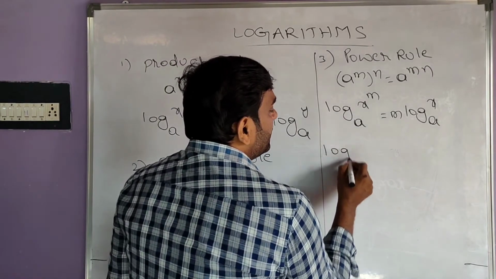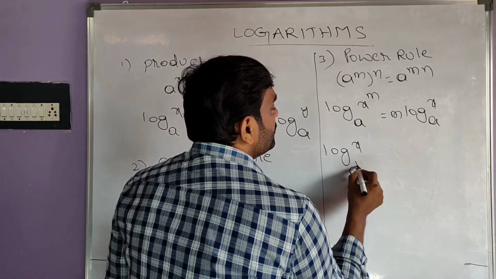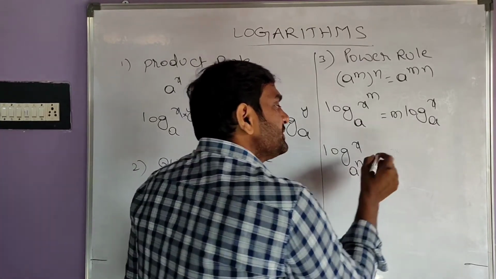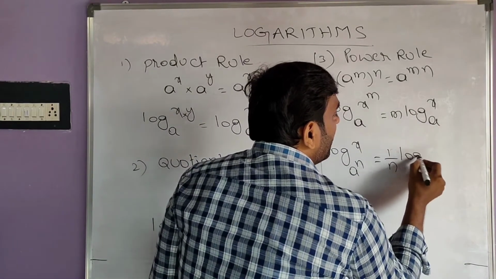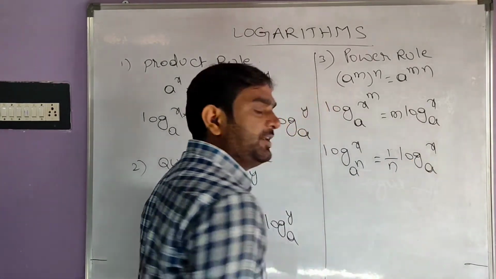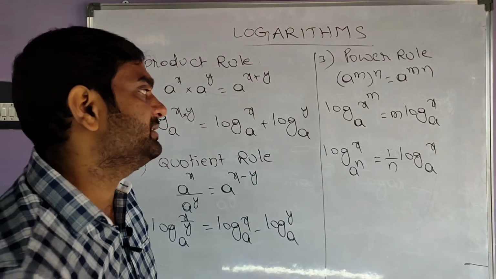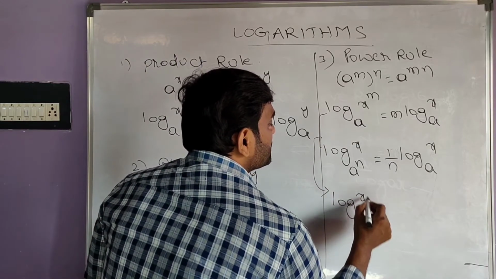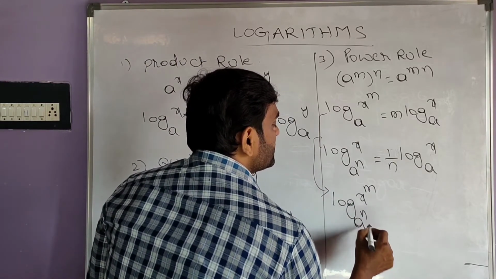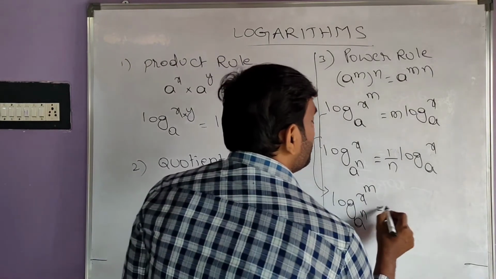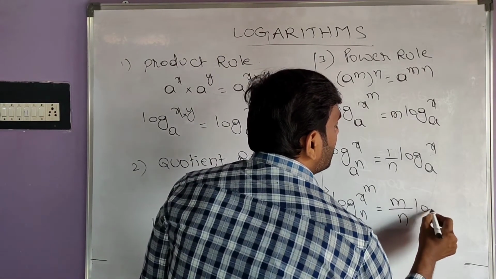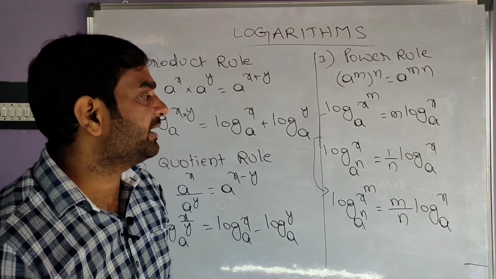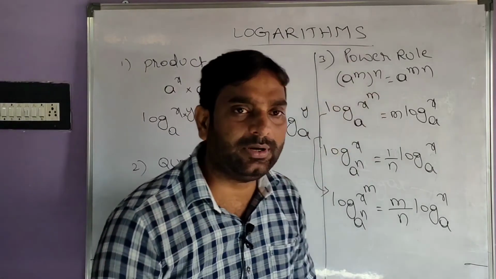And log x to the base a to the power of n, here we have the power for the base, so it would be 1 by n log x to the base a. By mix of these two, log x to the power of m base a to the power of n is equal to m by n log x base a. This is the power rule.